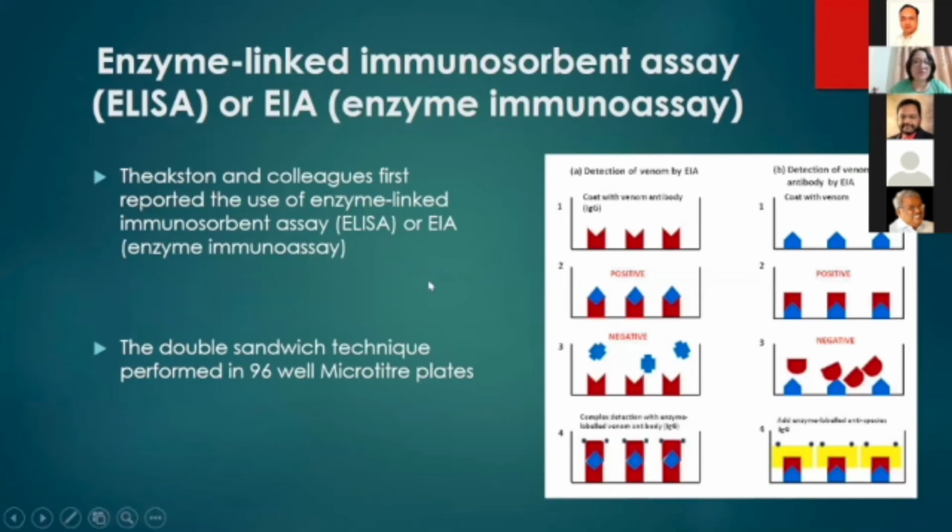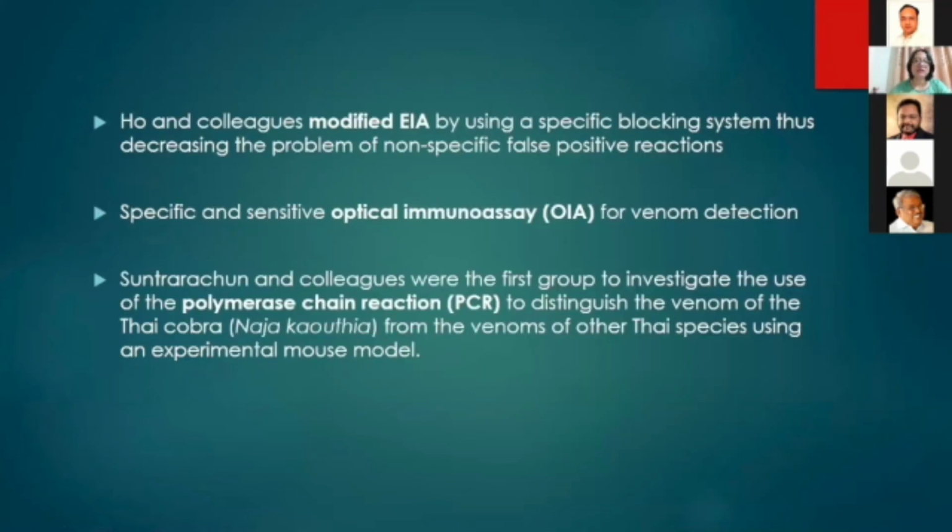These are also some of the tests that have been reported. And also a few more tests, the modified EIA, there is optical immunoassay as well, and PCR, polymerase chain reaction tests. These are also a few more tests.